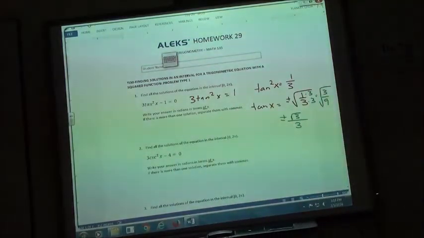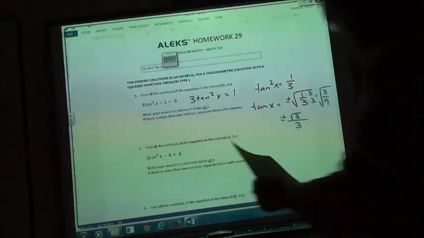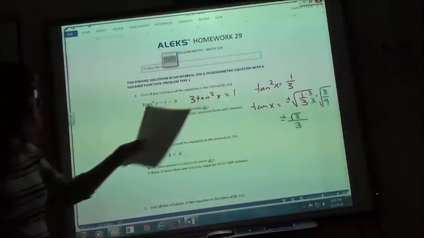So if I grab my handy dandy table from my other packet of notes, now I've got my handy dandy table.